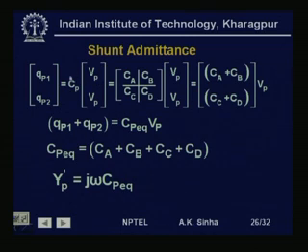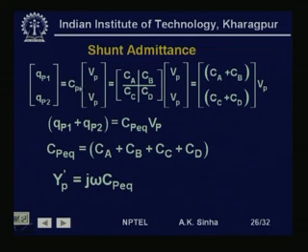Cp will be a 6 by 6 matrix, and Vp again is the voltage of the phase conductors A, B and C for circuit 1 and circuit 2. Since these two circuits are in parallel, the voltages are going to be the same. Therefore, instead of Vp1 and Vp2, we are writing them as Vp and Vp.